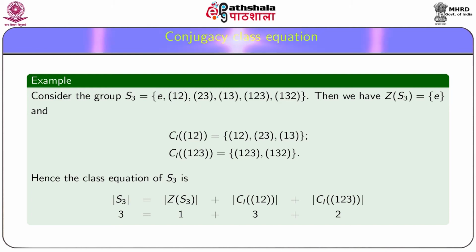So the class equation, order of S3 is equal to order of Z(S3) plus the order of the conjugacy class of (1 2) plus the order of the conjugacy class of (1 2 3), gives us 6 is equal to 1 plus 3 plus 2.